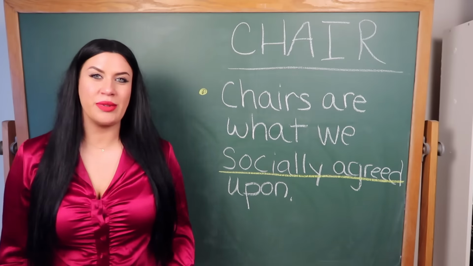What if we simply bite the bullet and say, chairs are what we socially agreed upon? We as a society have decided that these kinds of objects are chairs. These other kinds of objects are not chairs. Floors aren't chairs, beds aren't chairs, cushions aren't chairs, because that's not what we socially agreed upon in our society.